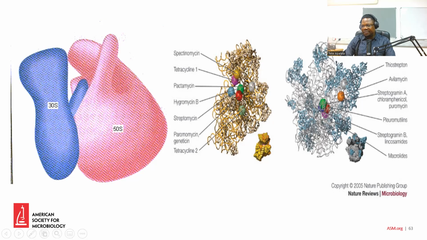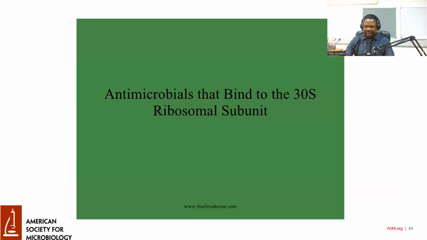On the 50S subunit, we have streptogramin, chloramphenicol, lincosamide and macrolide. Those have their targets on the 50S subunit of the ribosome.